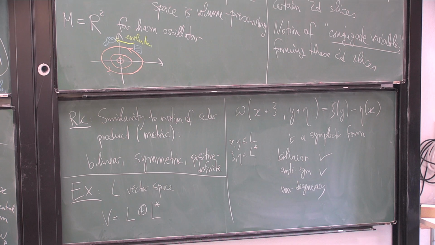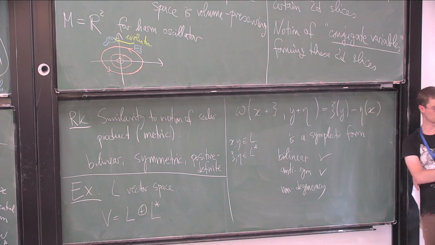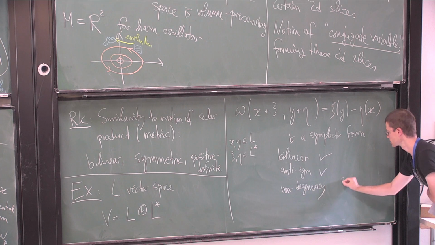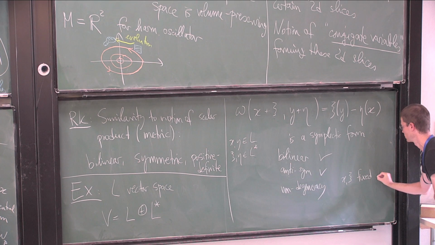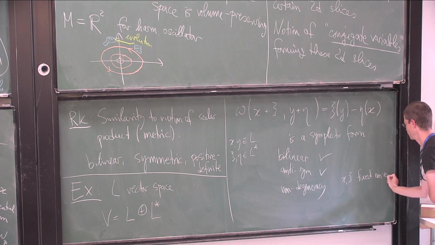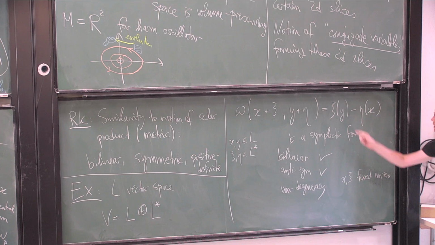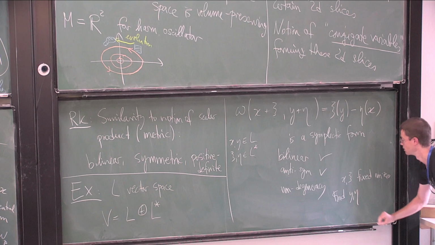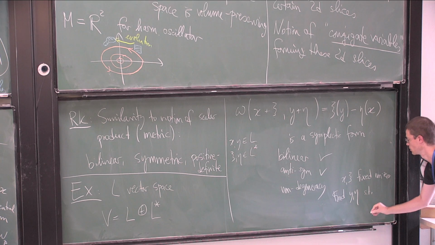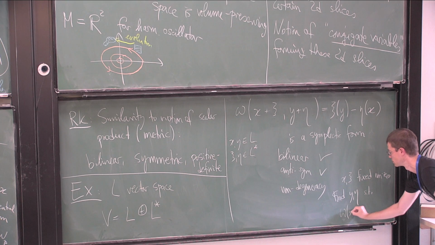Okay? How can I do that? x and psi are fixed and non-zero. How can I find y and eta such that omega is non-zero?